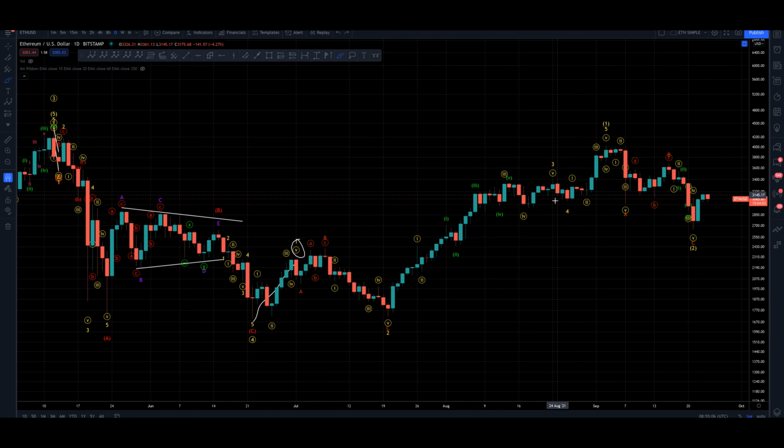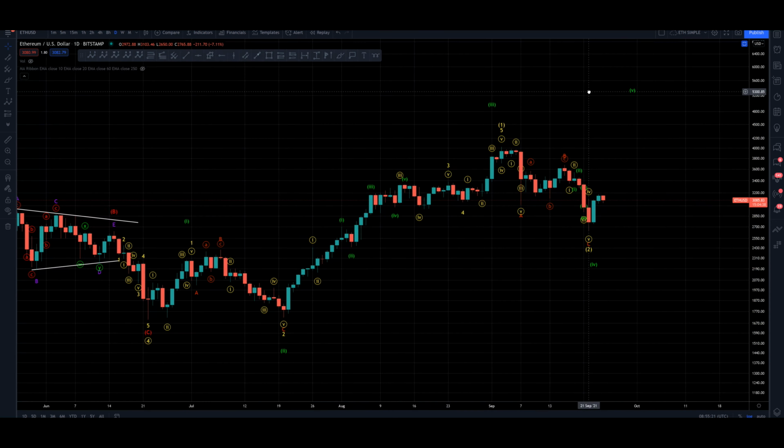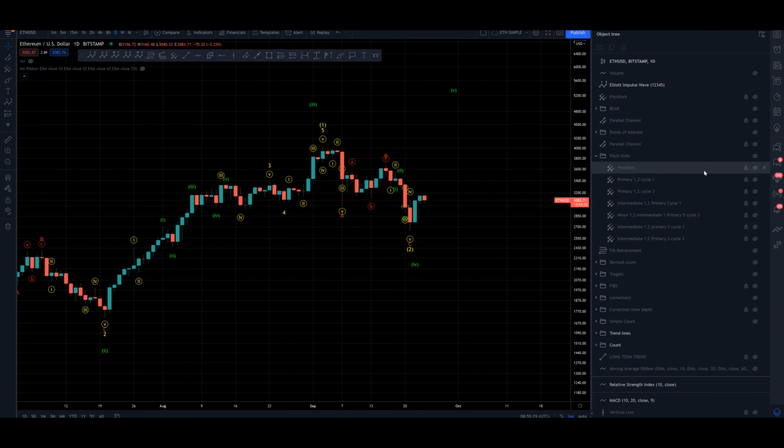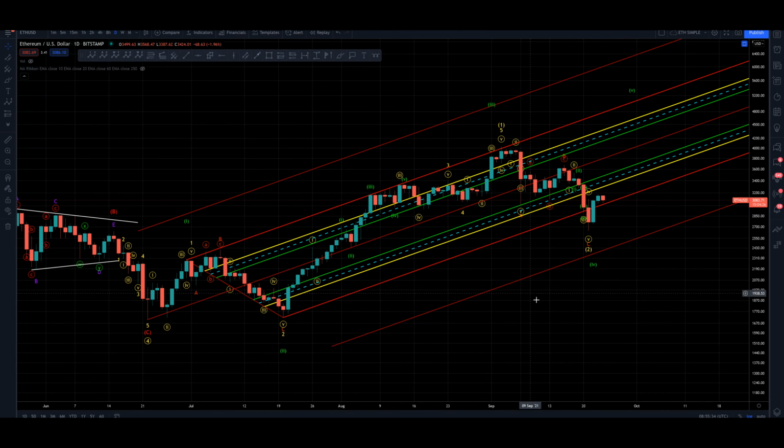Another way of looking at this would be that we have gone 1, 2, as we suspect here, but instead of 3, a small 3, 4, this is now the 3, this is now the 4. Okay, and now we're coming up into a 5 to find the 1 before we retreat into the 2. That's also a possibility, and the reason I think that's a possibility is if we just pick out the pitchfork here, you can see that we've stayed pretty much within it.